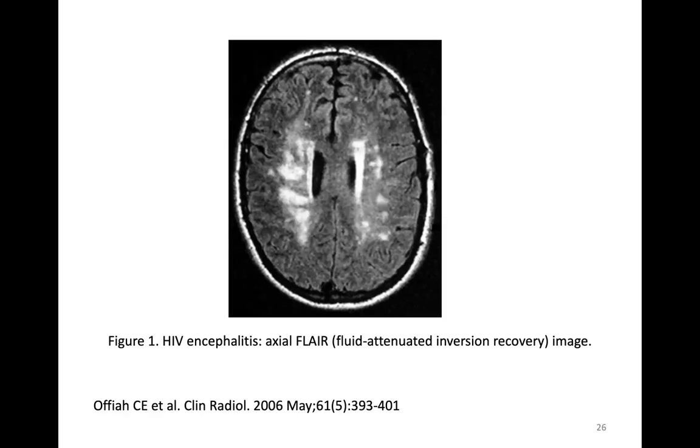The other differentiating feature is that HIV encephalitis affects the deep white matter and periventricular region, whereas PML also affects the subcortical white matter, giving you a picture like the U fibers. I think you have a slide that will show how you differentiate the two.